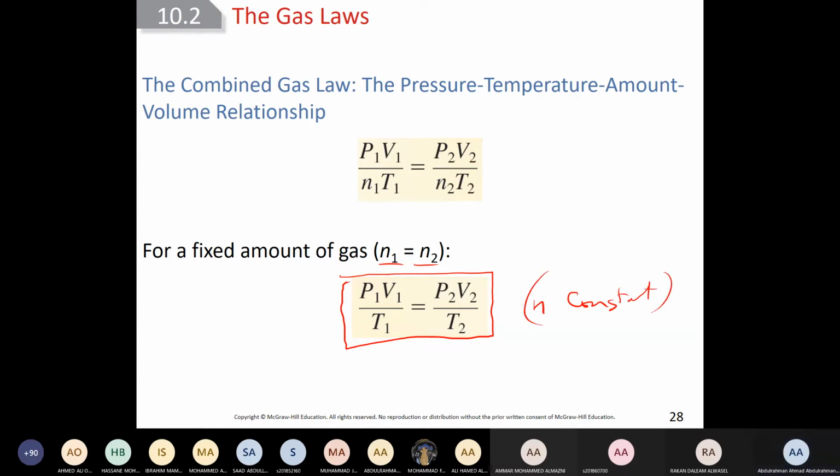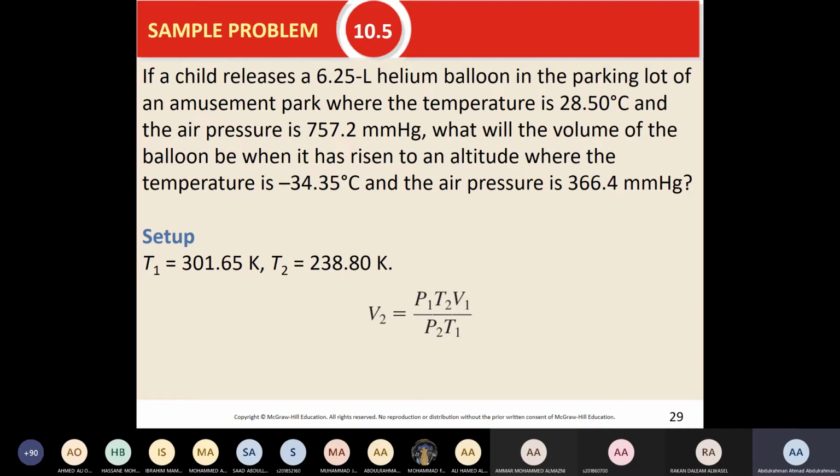All right. Write this law: P1V1 over T1 equals P2V2 over T2. Let's apply it to this question. A child has a balloon which he closed.